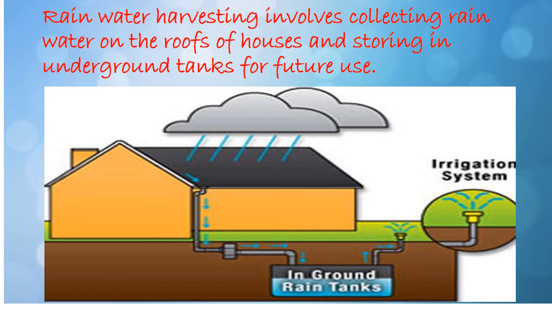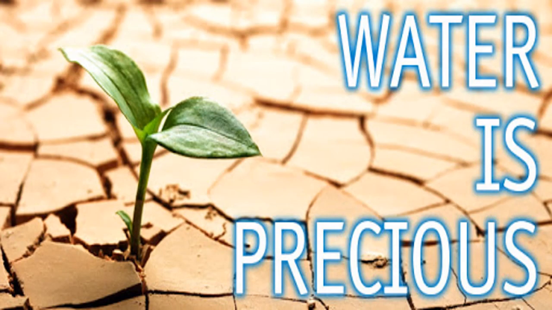And when there is no rain, we can use this water in irrigation and gardening. So as we studied, water is precious to us, and nowadays the water pollution problem is the biggest problem that we are facing. So try to save water. Even a single drop of water is precious to us.